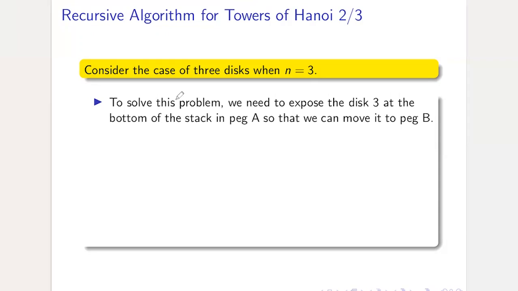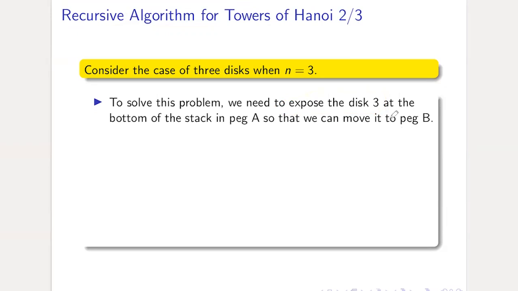Now to solve the 3 disk scenario, we have to get the top 2 disks out of the way. So we expose the largest disk 3 at the bottom of peg A, so we can move it to peg B.